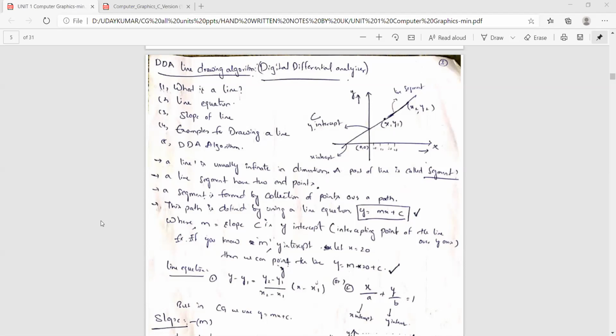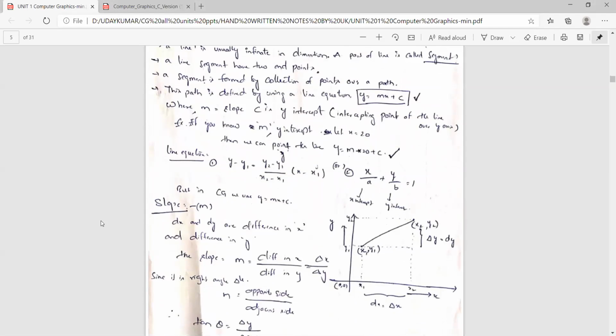Similarly, we have the line equation. What is that line equation? y minus y1 is equal to (y2 minus y1) by (x2 minus x1) into (x minus x1). Simply, (y minus y1) by (x minus x1) is equal to (y2 minus y1) by (x2 minus x1). That is called the line equation.